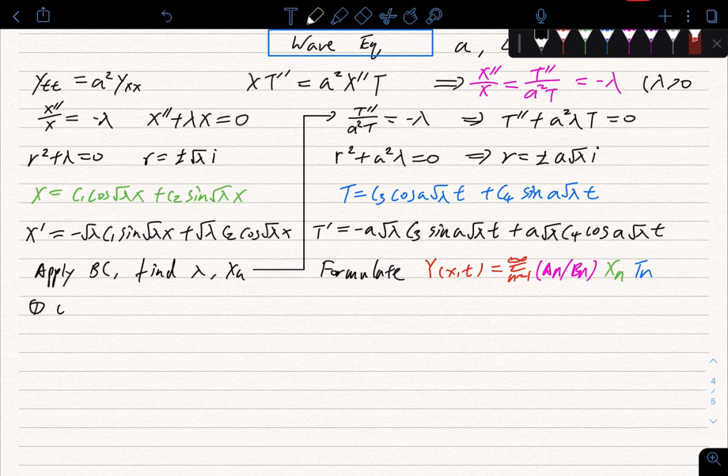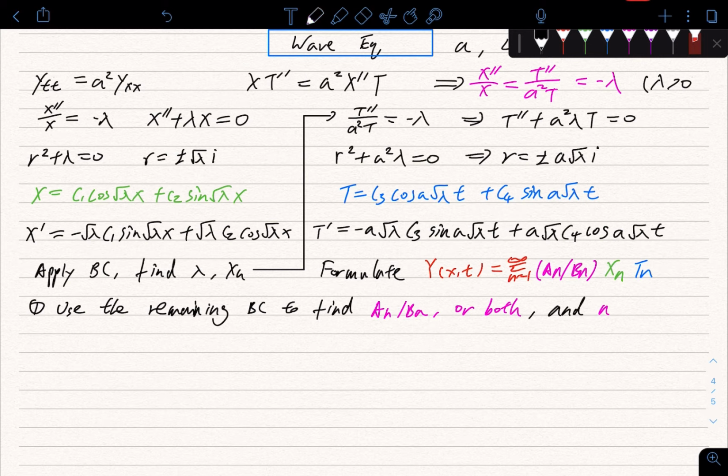One, use the remaining boundary condition to find A_n or B_n or both, as well as n, if possible.